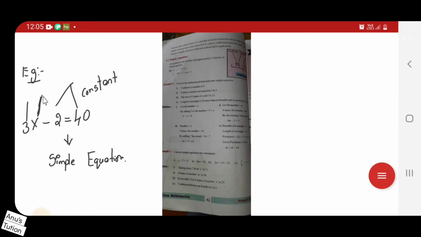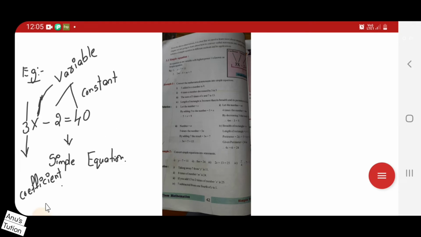Okay, constant, and this is called a variable. And here I am writing coefficient. See here, this is called a coefficient, variable, constant. This is an example for the simple equation.